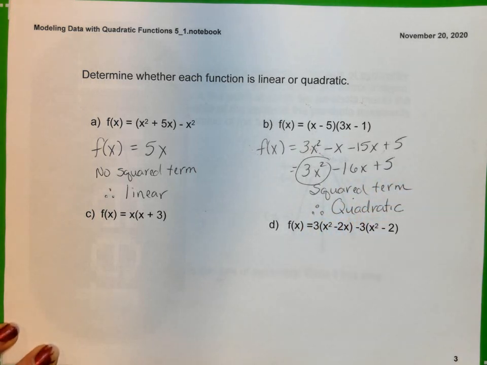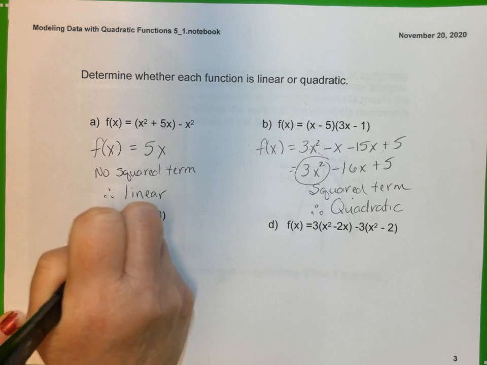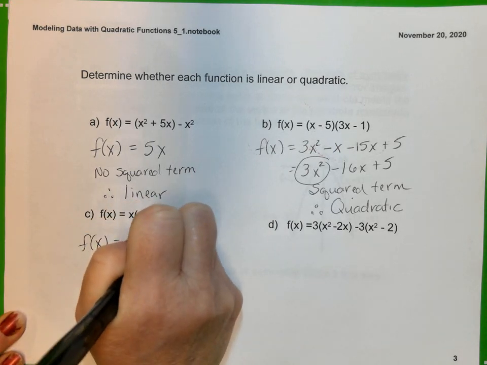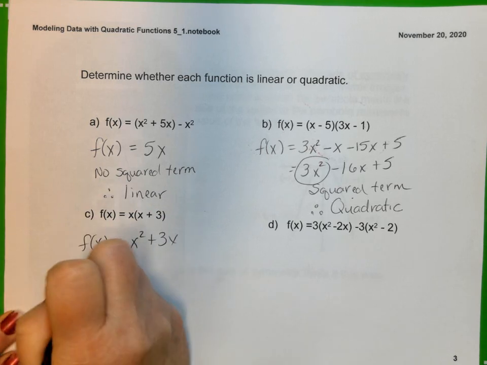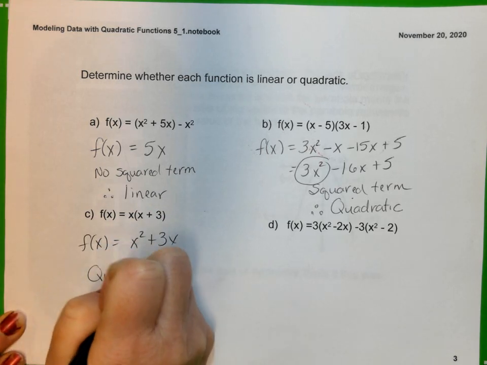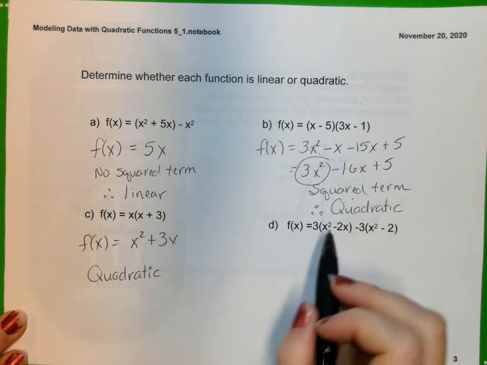All right, I'll give you a second here. You look at C. What do you think is going to happen? We look at C, and we see that f of x is x squared plus 3x. It has a squared term, so it's quadratic. Okay. And we look at the next one.